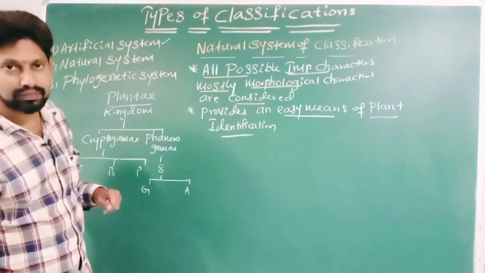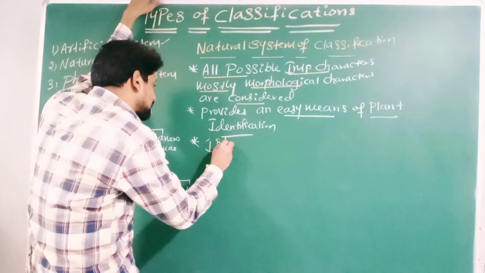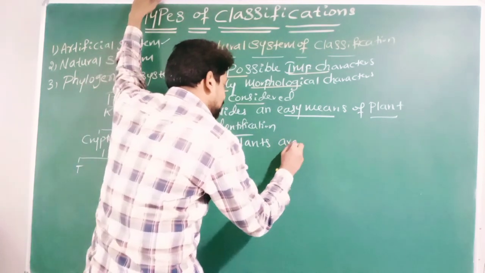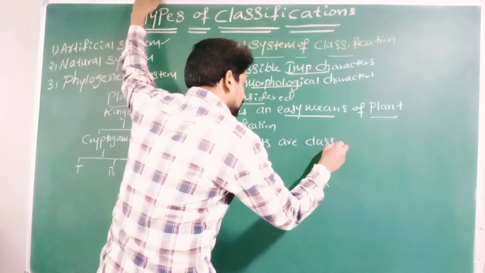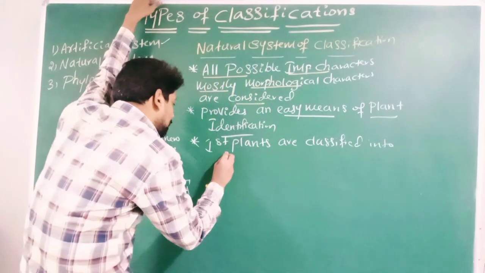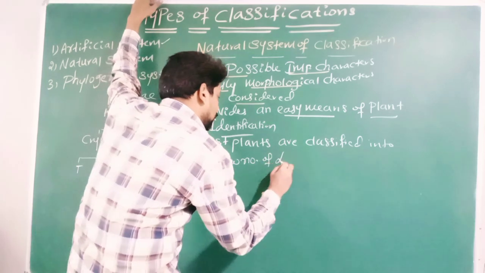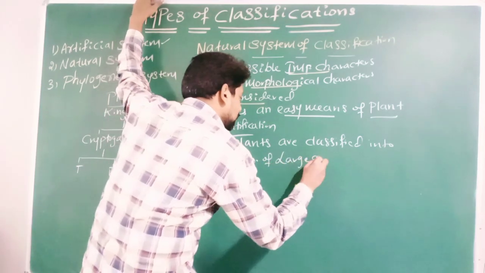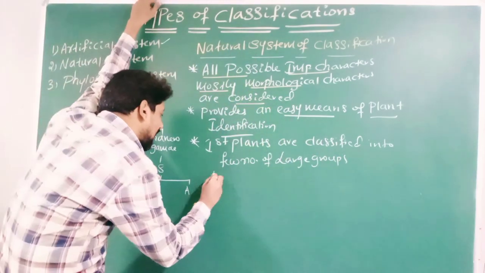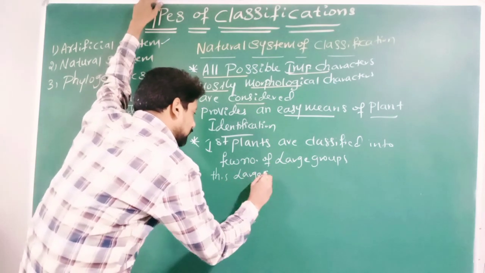I think you understood, right? Therefore, first plants are classified into a few number of large groups.